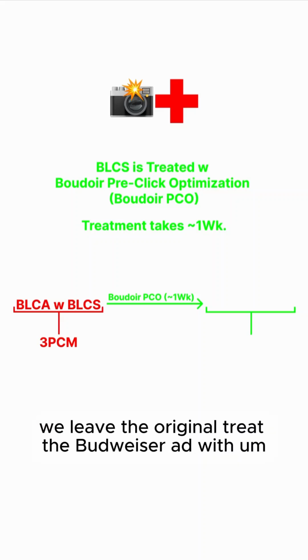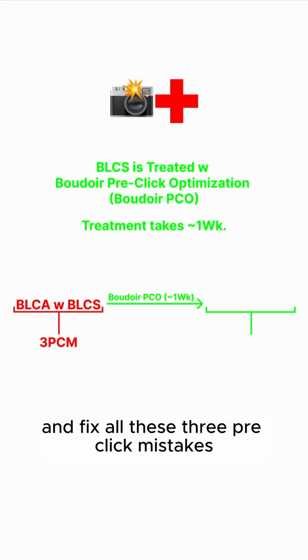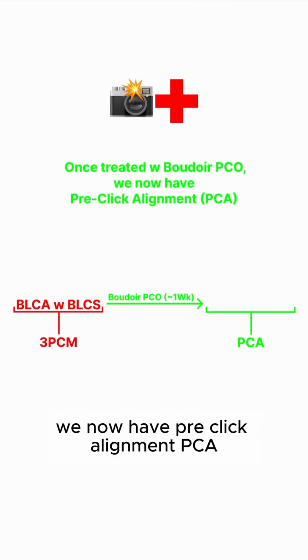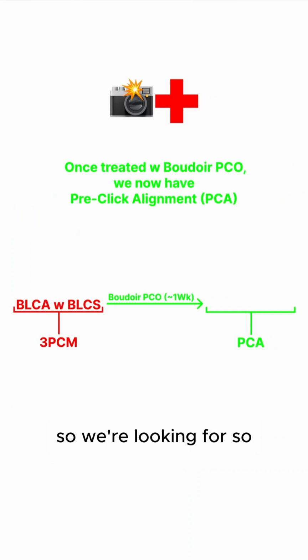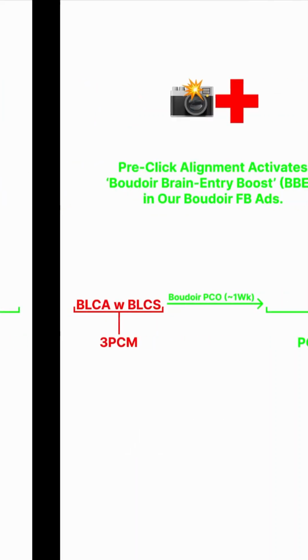We leave the original, and fix all these 3 pre-click mistakes in the Boudoir Pico ad. So once treated with Boudoir Pico, we now have pre-click alignment, PCA. So we go from the 3 pre-click mistakes to pre-click alignment.